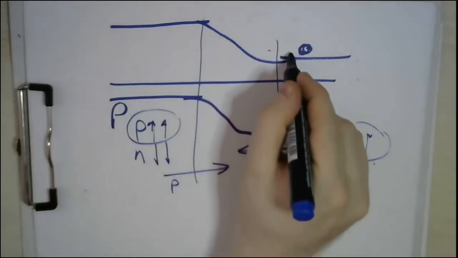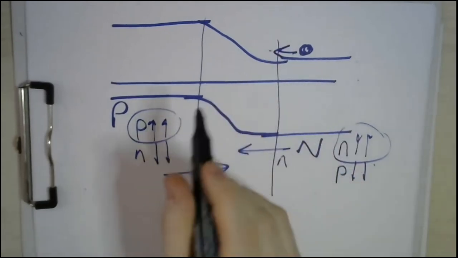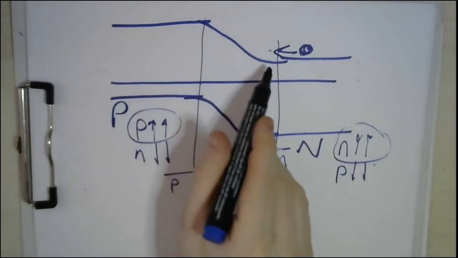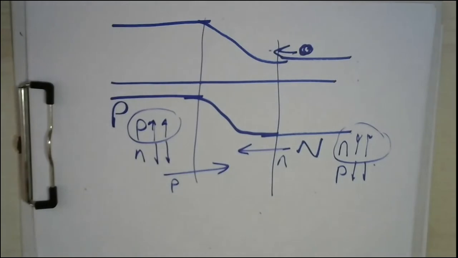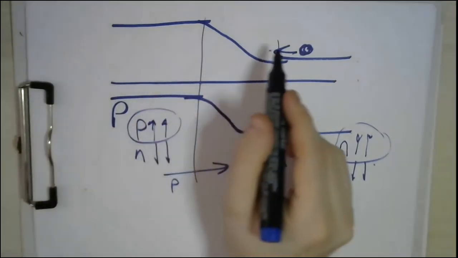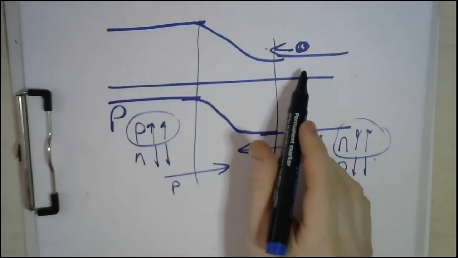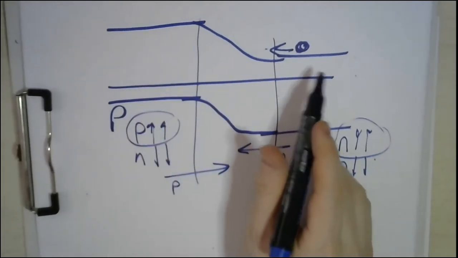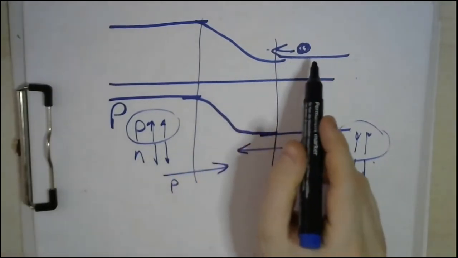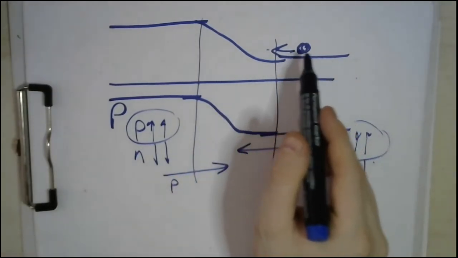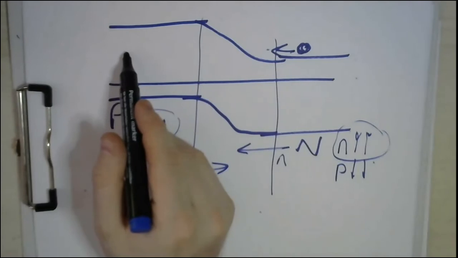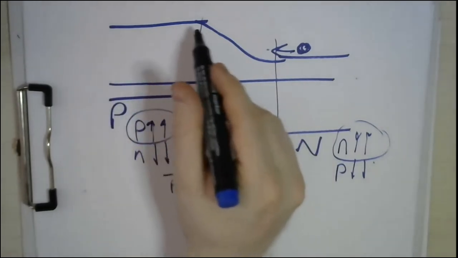Because when the electron starts to move to the left side, it will find what we call a barrier, because this potential energy is higher than this potential energy. So naturally, the electron will not be able to move from the right to the left due to this barrier.